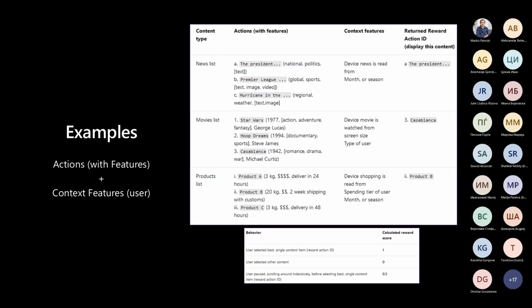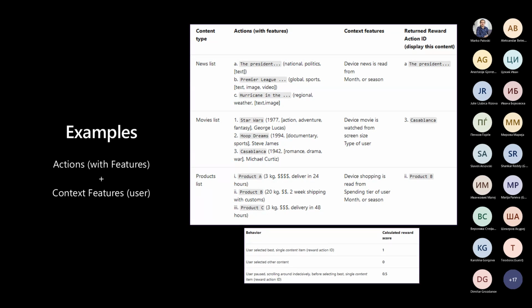You combine both of these data, the actions with their features and the context features, the user features, in order to rank all the possible actions, all the possible items that exist, and recommend back to the user the top ranked item.